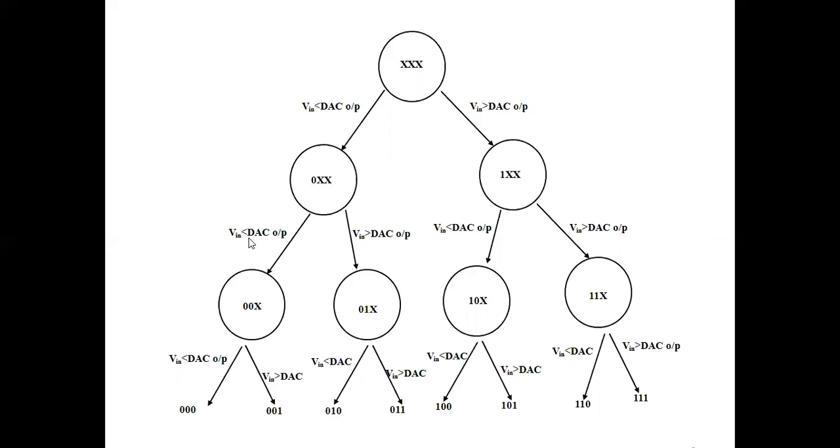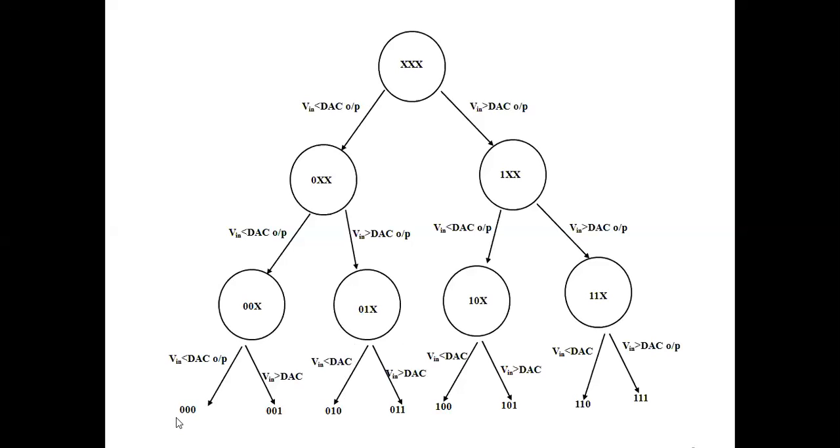If the input voltage is less than the DAC output, the second bit will be set to 0 and the third bit will remain the same. Similarly for the third bit condition, if the input voltage is greater than the DAC output, the last bit is set to 1, and if it is less, it is set to 0.